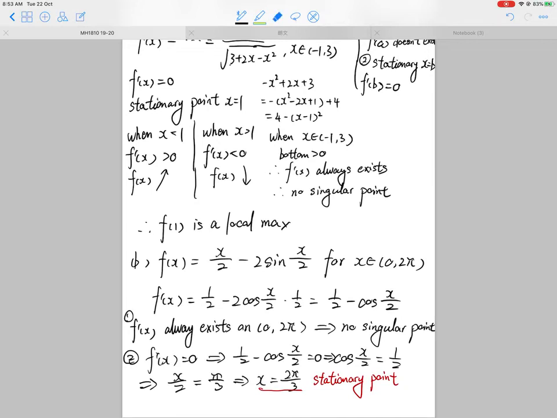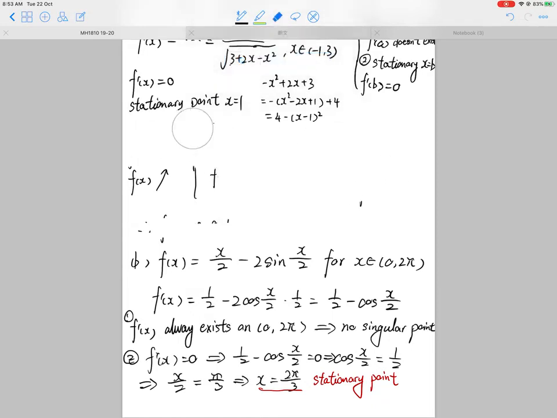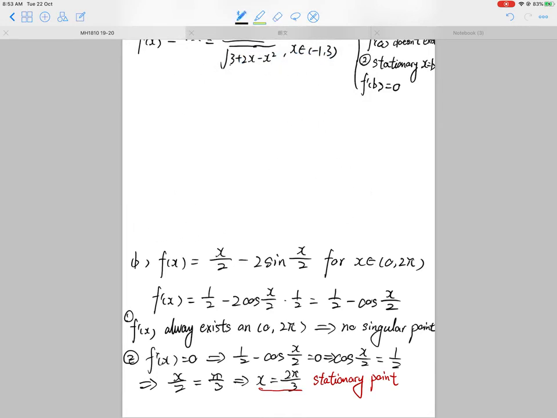So let's erase some part. What is the function's second order derivative? It's the first order derivative's derivative. So this part is just half sine x over 2.